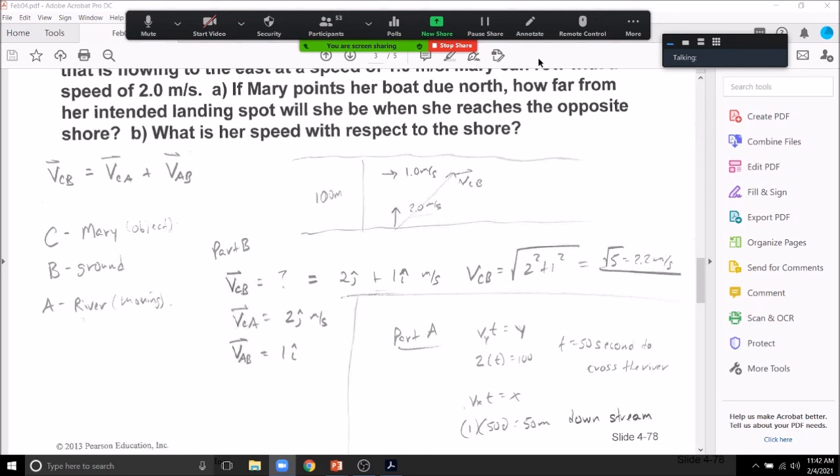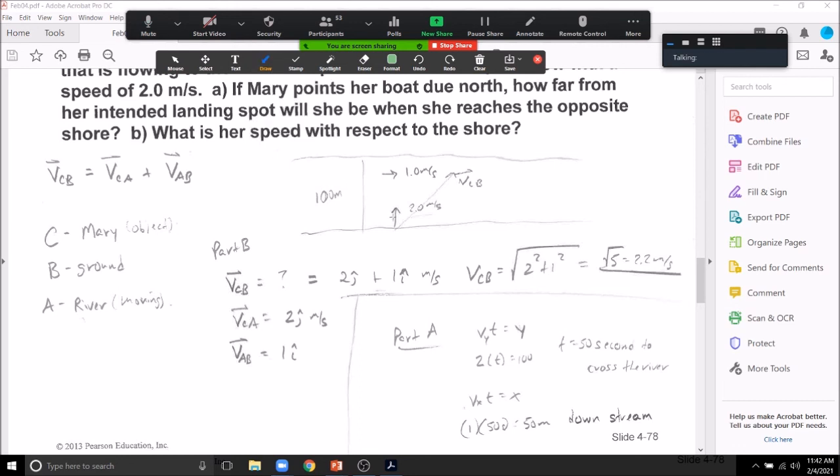Could you explain part A again? Yeah. So the idea here is, let me show you their path, right? This is their path. This will be like a displacement vector, right? Bam. That's it. Okay, now that needs to be split into components though, right?